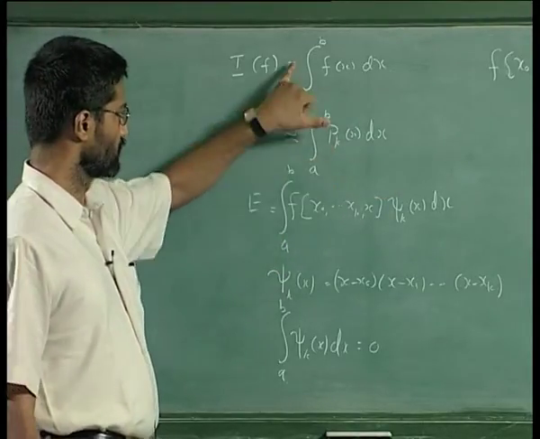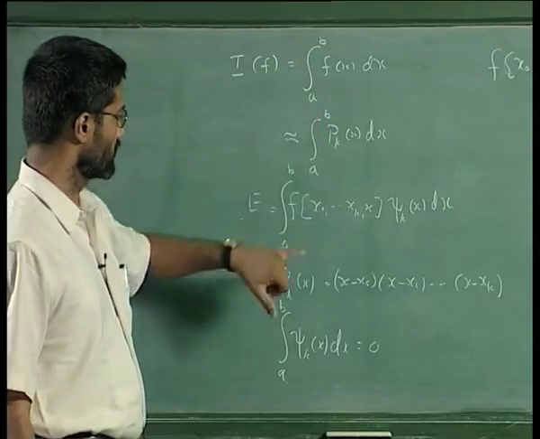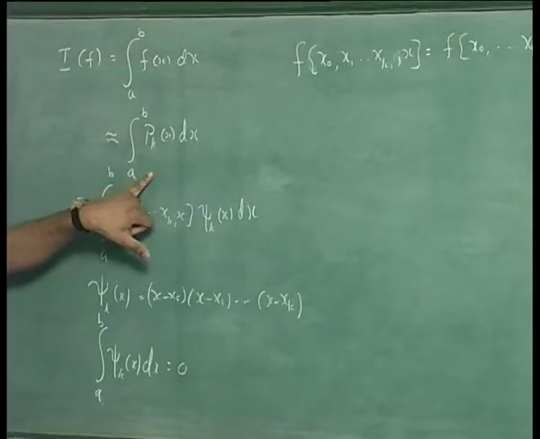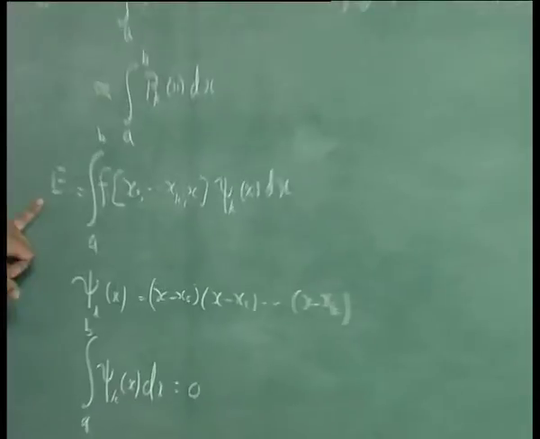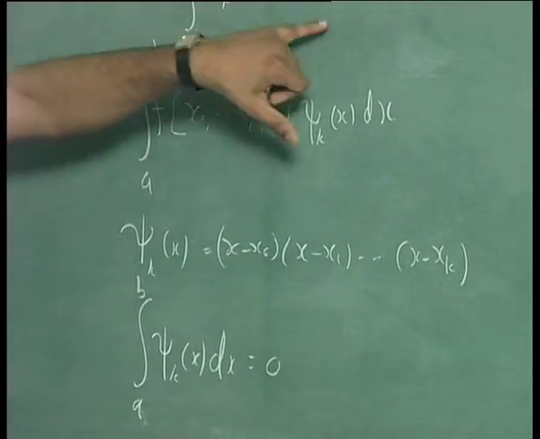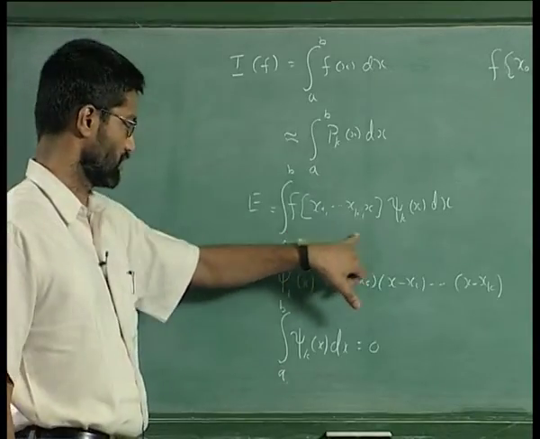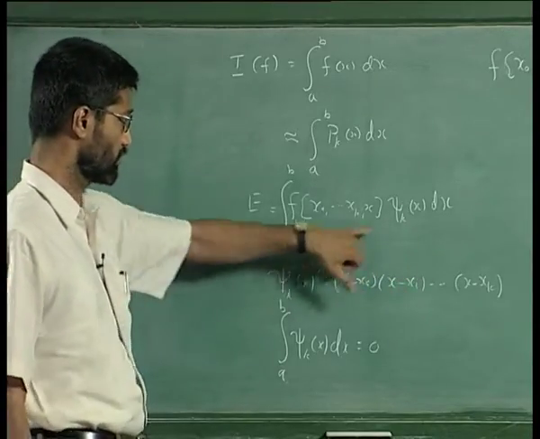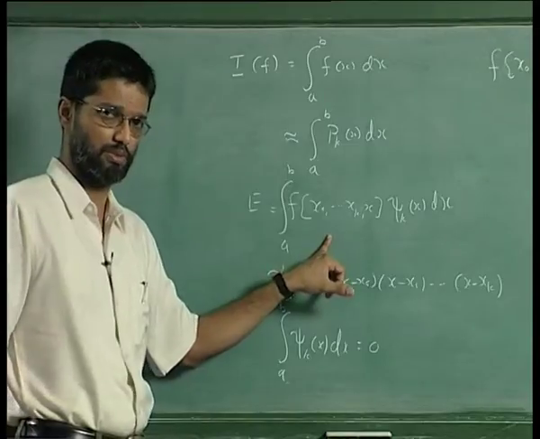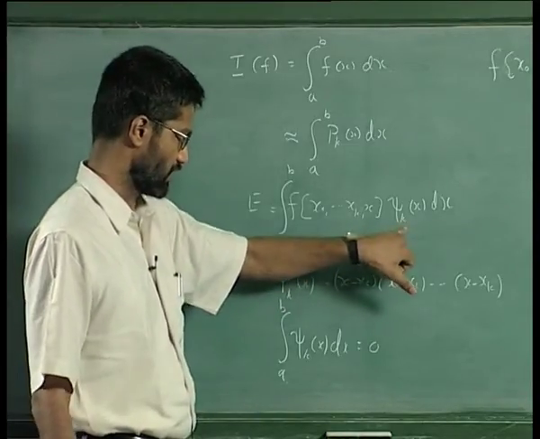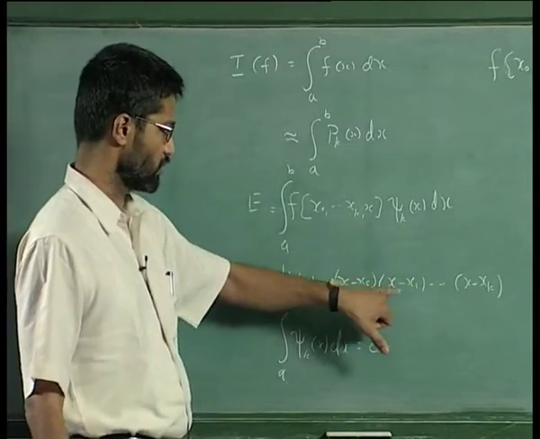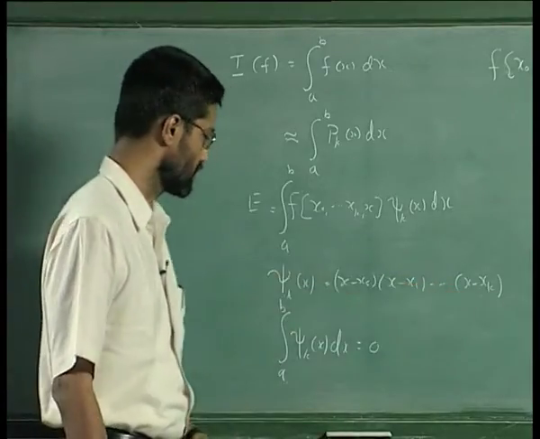And if you do such an operation, then you have an error in the integration, which I represent by E here, which would be like the next term in the polynomial, that is the k plus 1th term, which can be written as the coefficient of the k plus 1 polynomial coming from the divided difference, and psi k of x, which is x minus x 0 into x minus x 1 up to x minus x k.